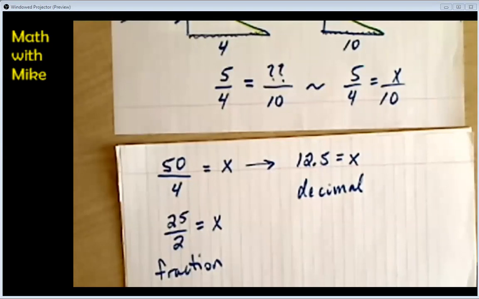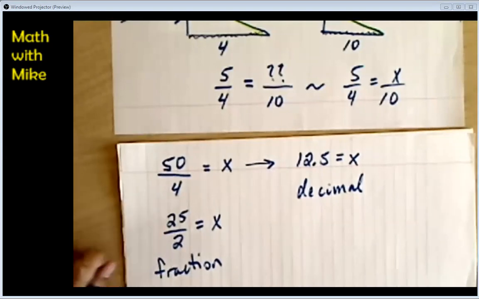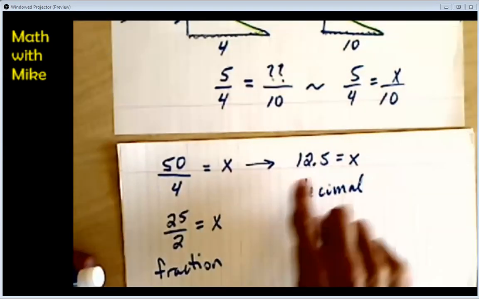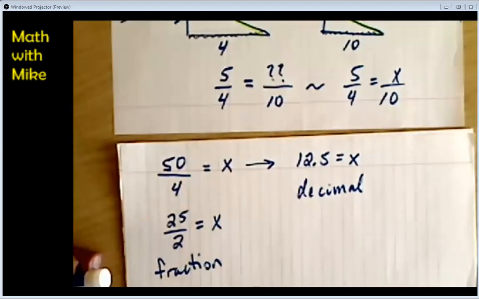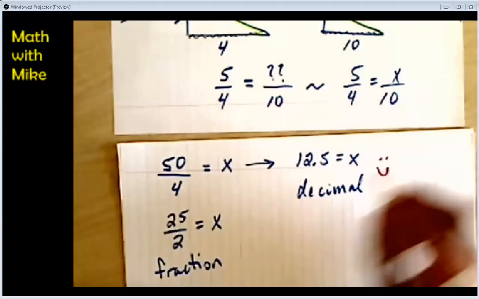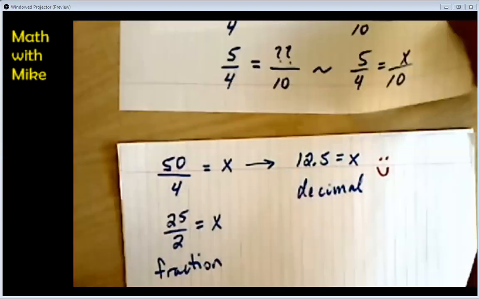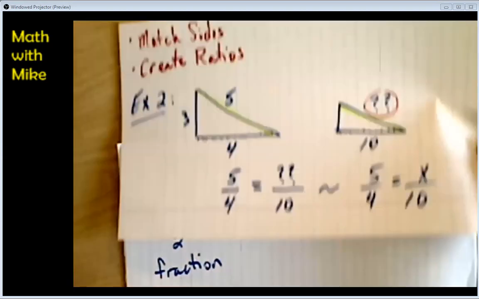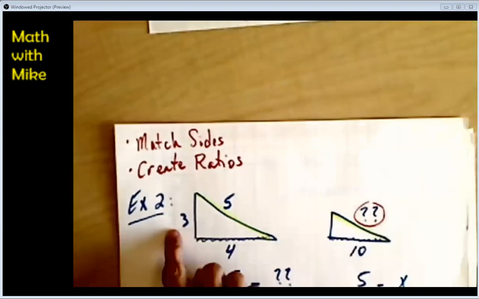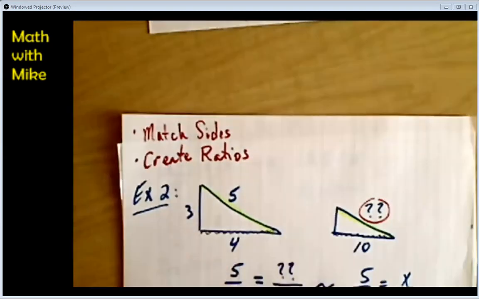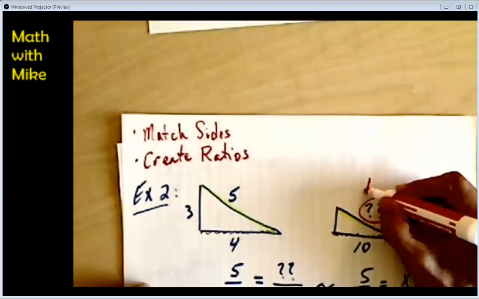It's 25 divided by 2. 12.5, yep. That's the answer. Because if you go back to the question that we had, right? 3, 4, 5, 10, and what's this going to be? 12.5.